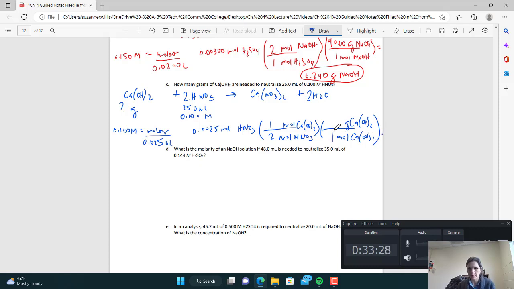And I'll add that up. So 1 calcium, 2 oxygens, and 2 hydrogens. All right, and we'll see what it equals up here. 0.0926 grams of your calcium hydroxide is needed to neutralize the acid.